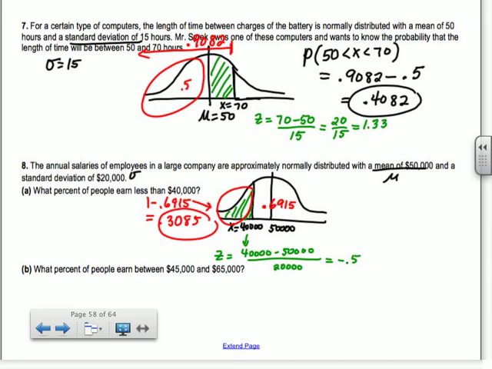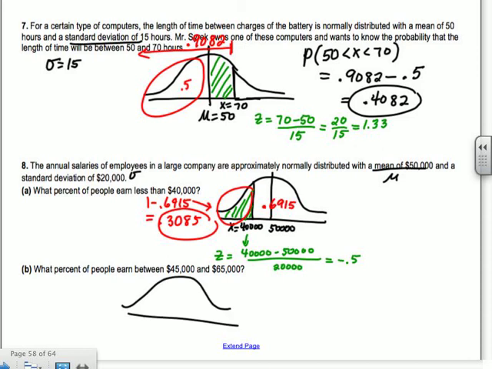All right, what percent of people earn between 45 and 65,000? Okay, so this time you're on the left and on the right, so 45 to 65. So you need to find z-scores for both things. All right, so your z-score for the first one is going to be 45,000 minus the mean, 50,000, right? Divided by 20,000.